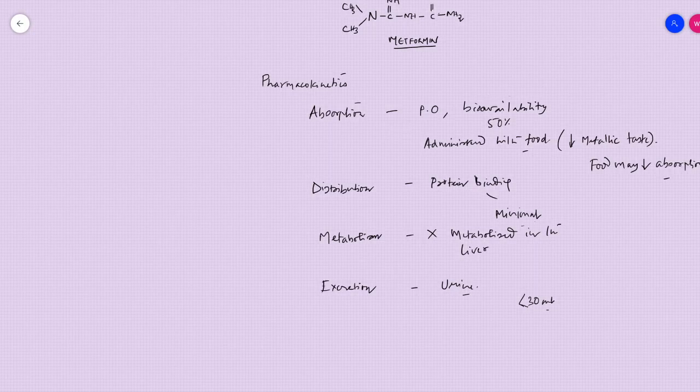Okay, so we have discussed ADME of the drug. In the preceding discussion, we have covered the dynamic properties of this drug. And so on this note, let's stop our discussion on biguanides.